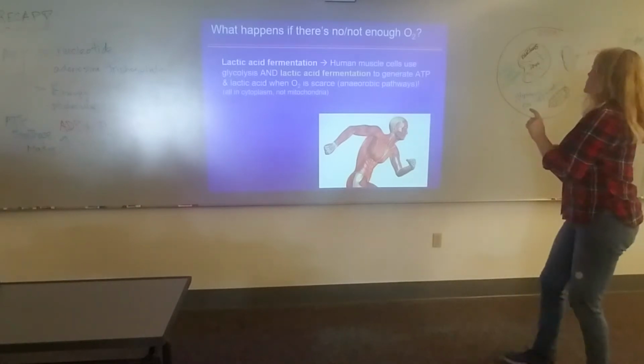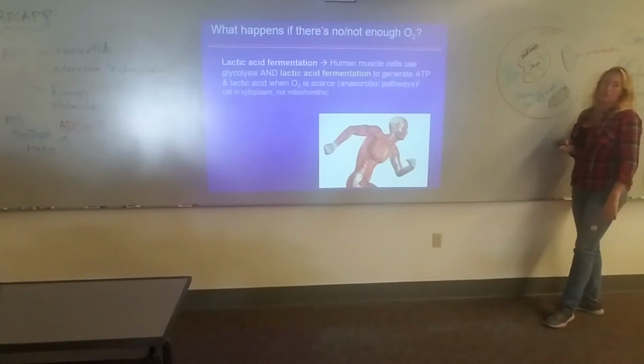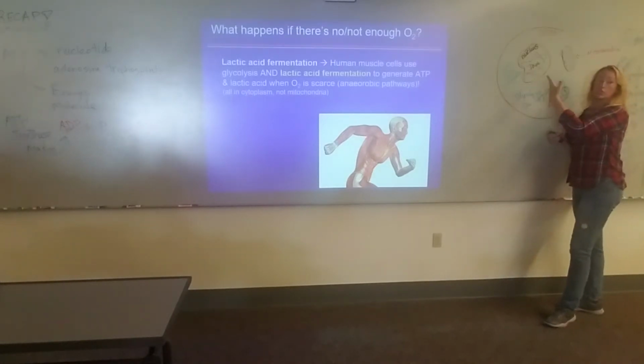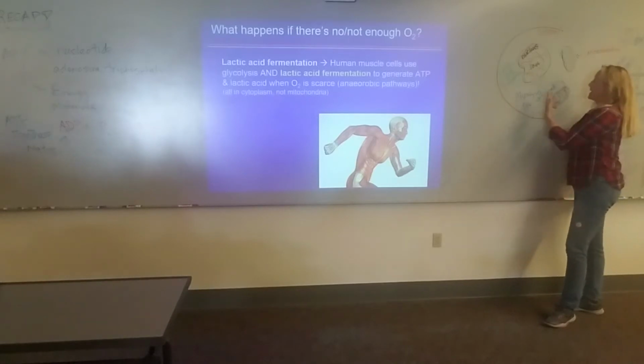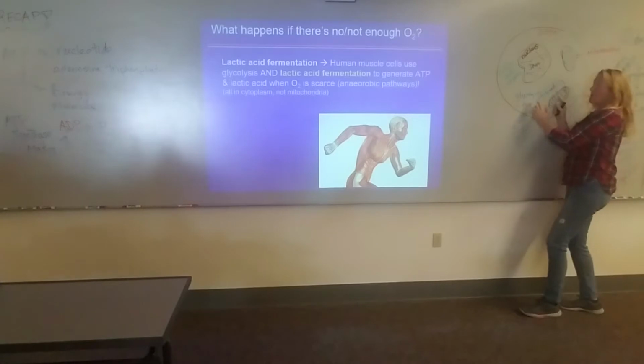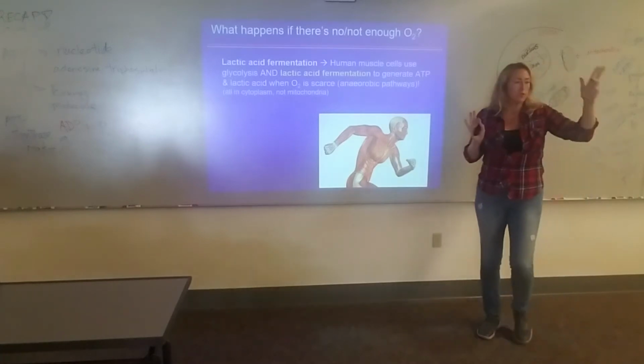And in doing that, you can generate another 2 ATP right here. Still, is that a lot? No. But if we keep doing this and you're using glucose from your blood, and you get 2 ATP here, we go, you know what, let's use this as a fuel. Let's just stay out here in the cytoplasm, break it down, turn it into lactic acid or lactate, and we get another 2 ATP.